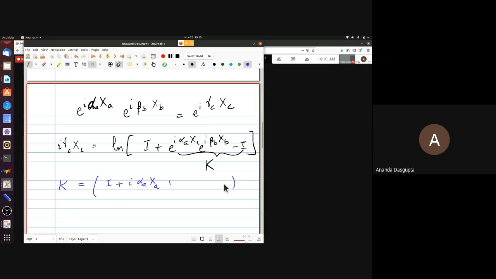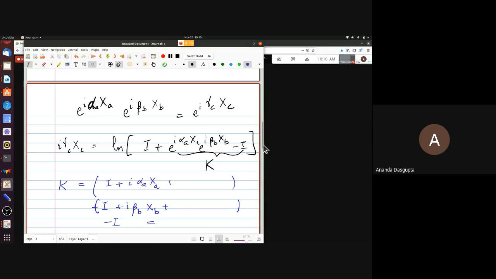if you just stop at the first order, let's see what you get. Then you get identity plus i beta b xb plus nothing else. I'm leaving a gap here because I will put in a second order term soon.